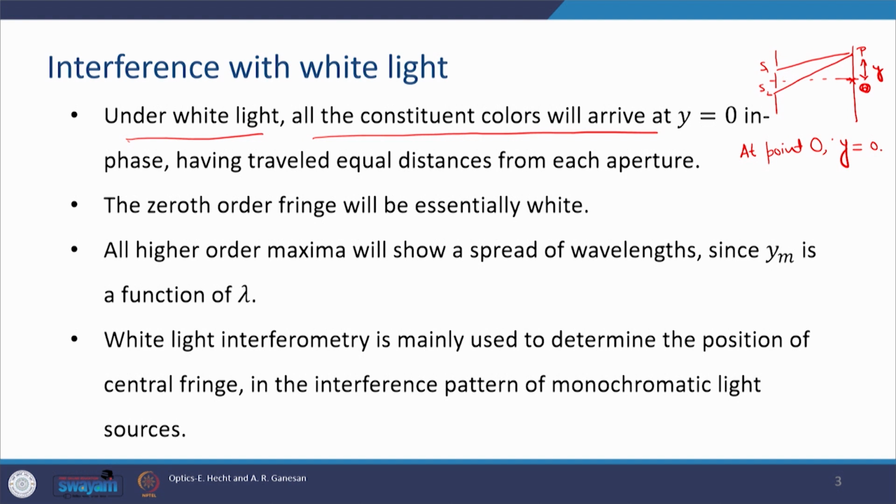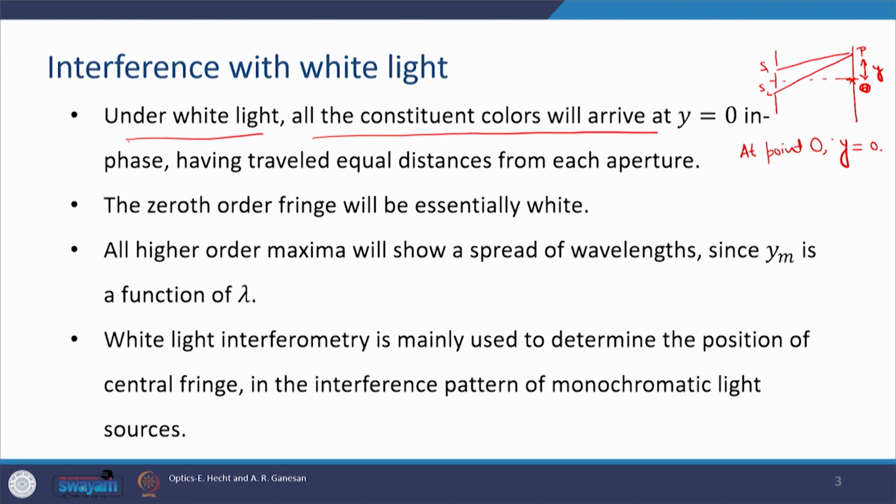At y equal to 0, under symmetric illumination, we saw that we always find maxima. And here too, with white light illumination, we will find maxima at y equal to 0 irrespective of the wavelength.